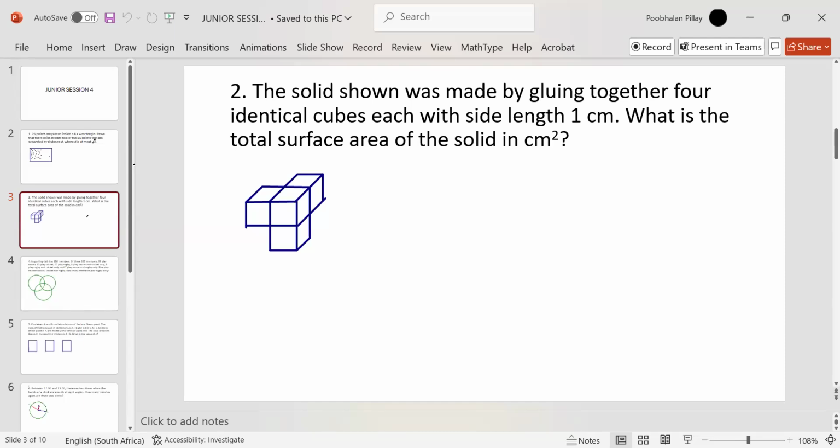But if the sides are not equal, you don't call it a cube anymore. You might have a thing like this, like that, right? A log of wood. Now this is not a cube. You call this shape a cuboid. But a cube has got all the sides equal.